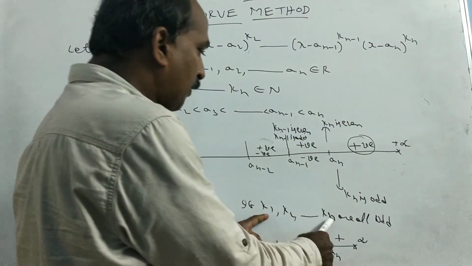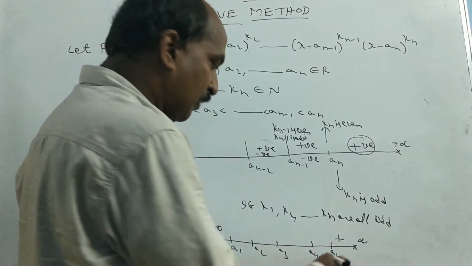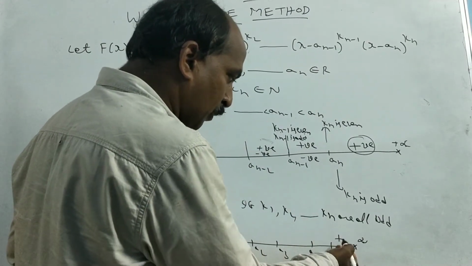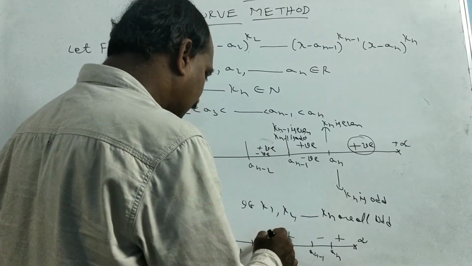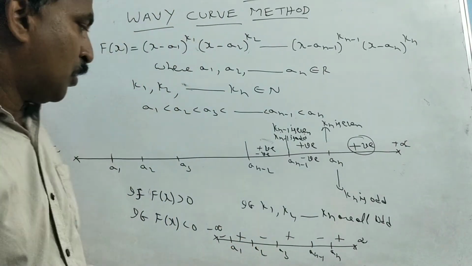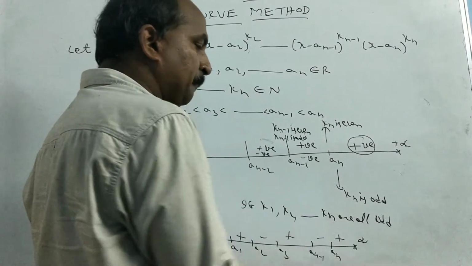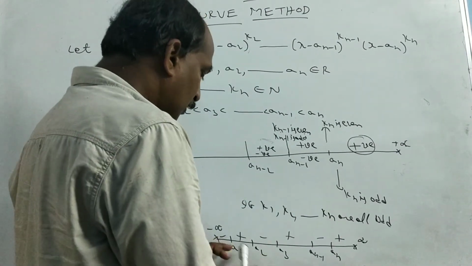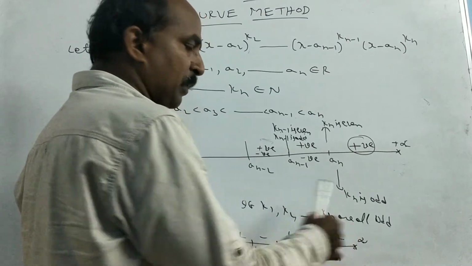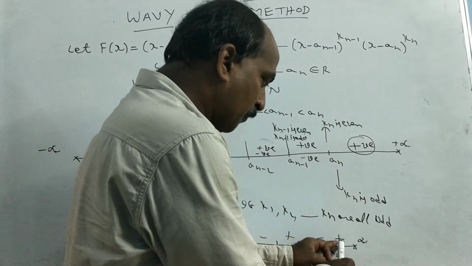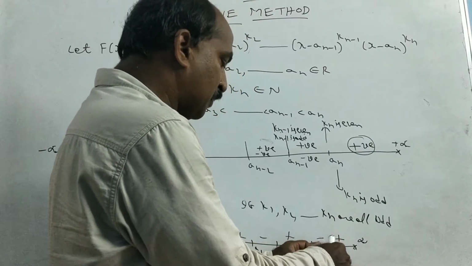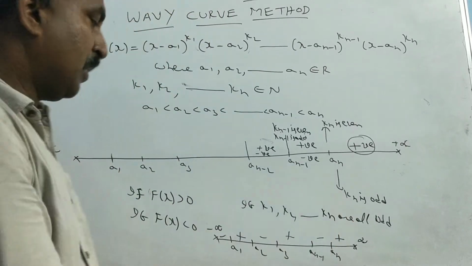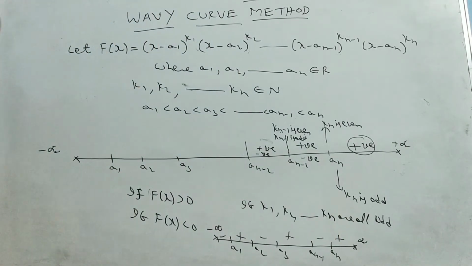If k1, k2, kn are all odd, then we take positive and negative alternatively: positive, then next negative, and next positive, negative, positive, negative. In this way, we put always positive sign in the last interval and in remaining intervals positive and negative alternatively.